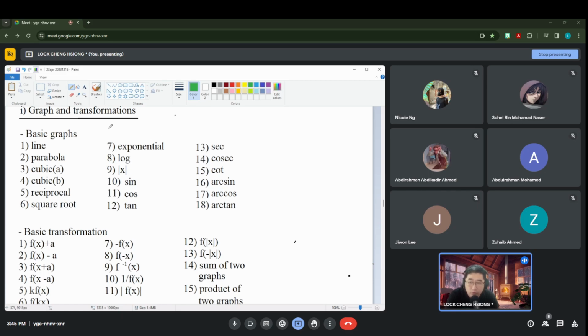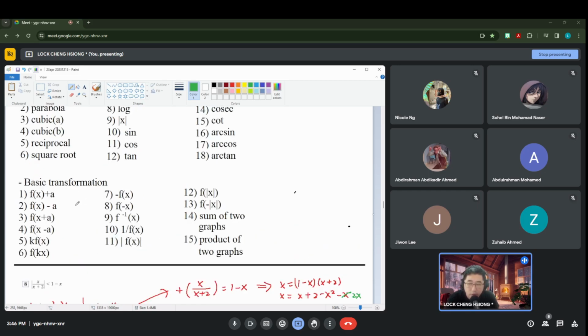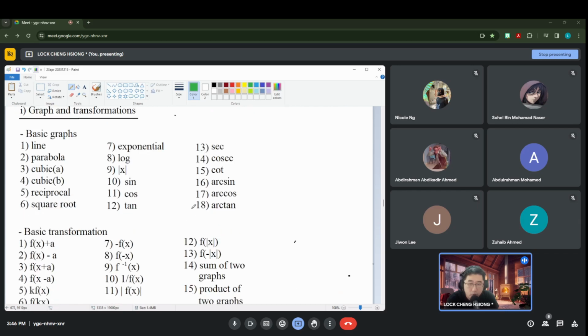Of course you have so many different basic graphs. You come with the basic transformations. Plus a moving up, minus a moving down, plus a inside the bracket moving to the left, minus a inside the bracket moving to the right, k times is vertical stretching or compression, k inside is horizontal stretching or compression, negative f(x) is reflection in the x-axis, negative inside is reflection in the y-axis, then reflection in the line y equals x. 1 over f(x) is the important technique for 13, 14, 15 later.